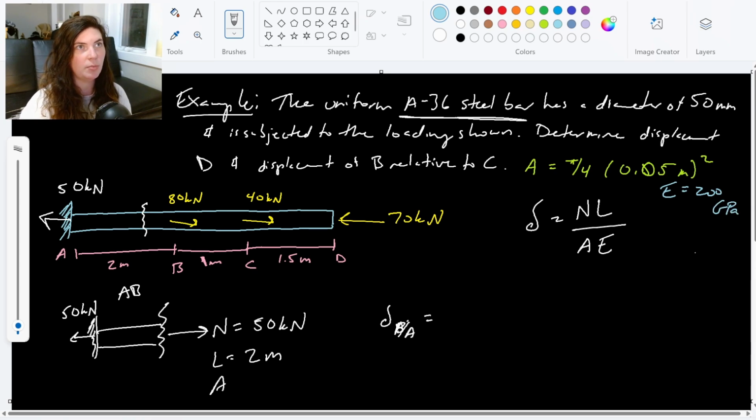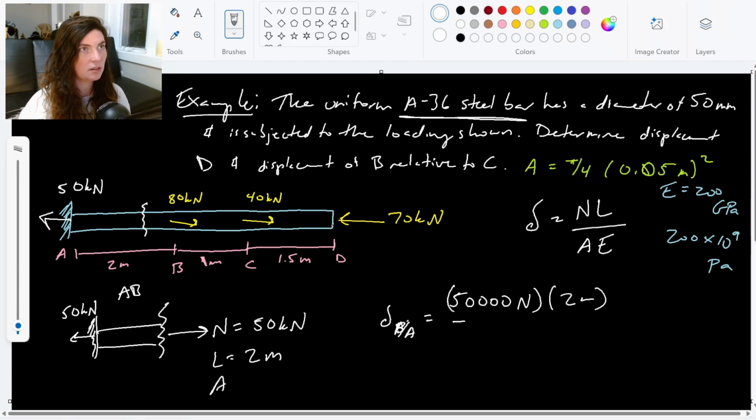So 200 gigapascals, and a giga, if you haven't seen it in a while, is 10 to the 9th pascals. Those are all the ingredients I need for my equation, so I can pop them all in there now. My 50 kilonewtons, I'm going to go ahead and convert to newtons. So 50,000 newtons times the length of 2 meters over my area that we found up there.